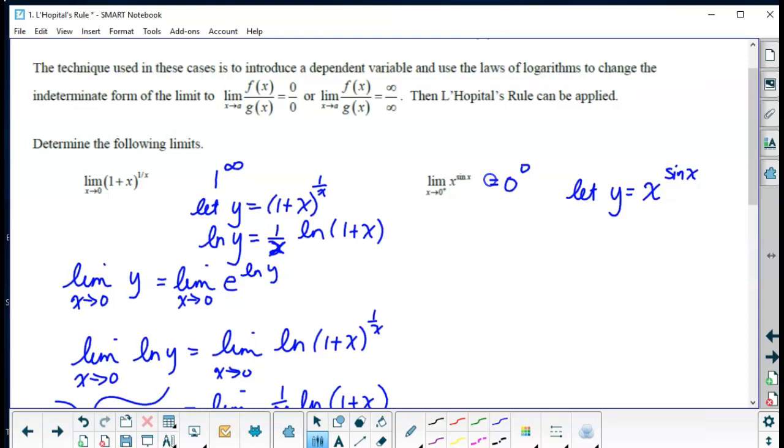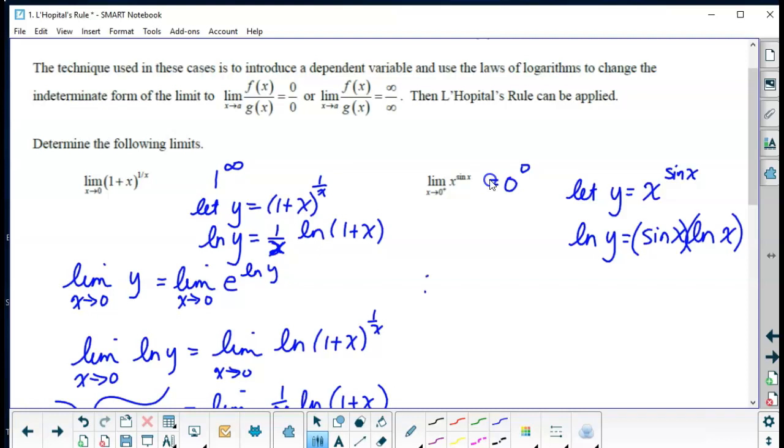Not sure if it's a function or not, actually. So anyway. We'll let y, so then when we take the ln of y, that variable in the exponent then becomes a factor. I did that all in one step, right? But that's going to be sine x times ln x.